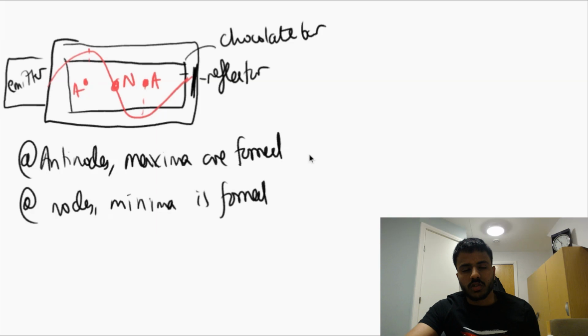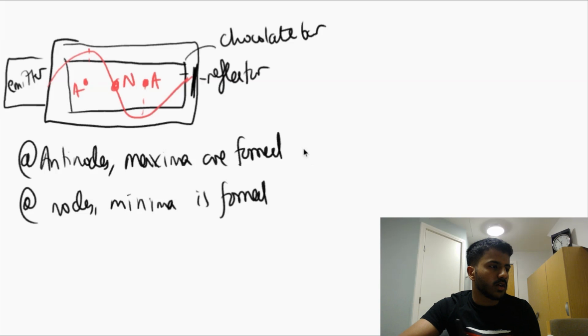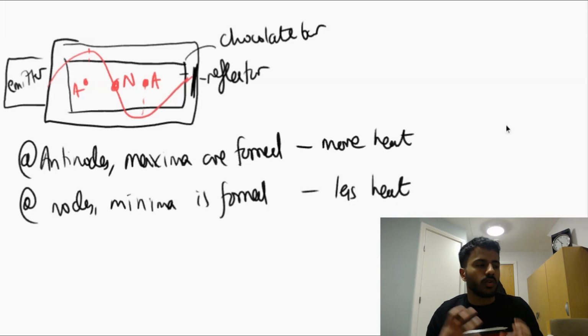And in the introduction, we said that the amplitude represents the intensity or the power, or in this case, the energy supplied by a wave. So at these points of maximum, we get more heat. And at the minima, we get less heat. So different points on this chocolate bar will heat up more than others.